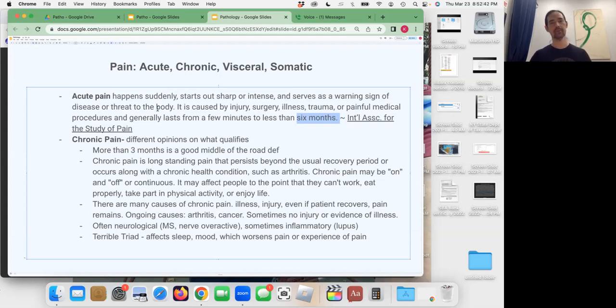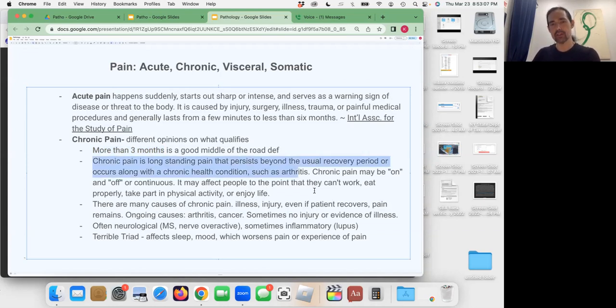There's disagreement on this. There are different opinions on what qualifies as chronic pain in terms of duration. But I think that 3 months is the best definition. If someone has had pain for 12 weeks, 3 months, 90 days, on day 91, I'd call that chronic pain.